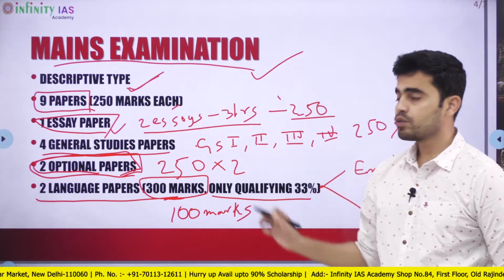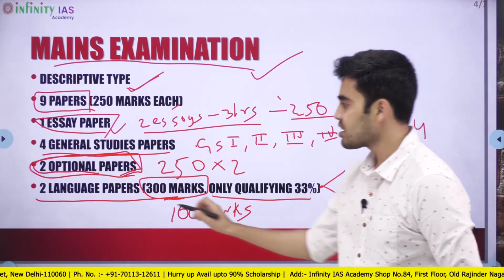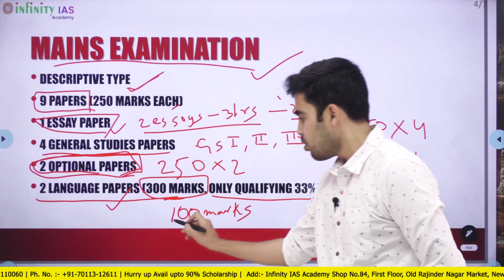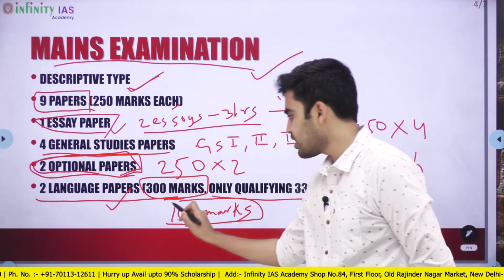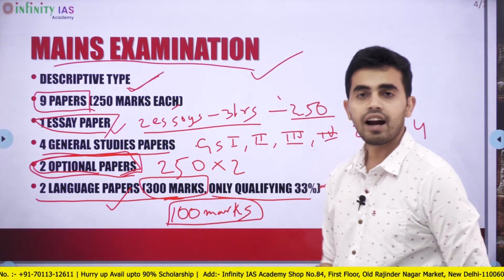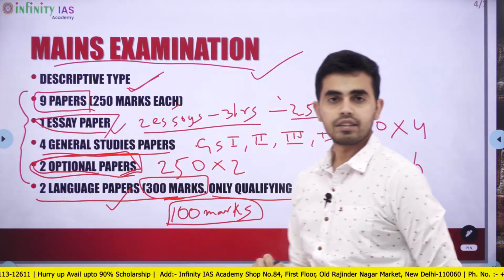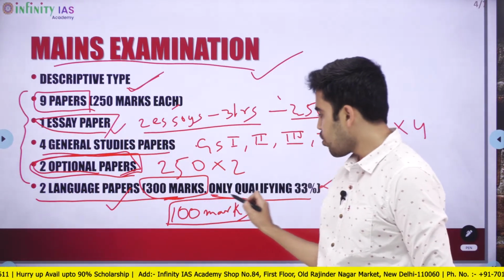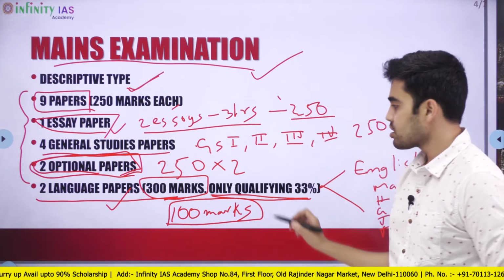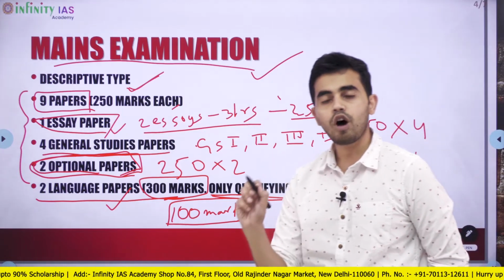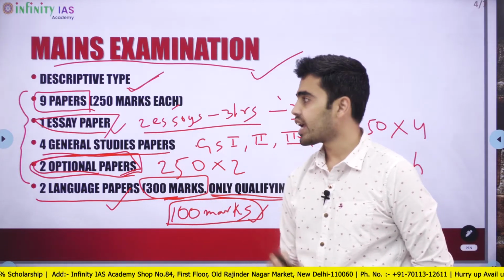For all the students that write the mains examination, their language papers are evaluated first, and only if they gain at least 100 marks out of the 300, the other papers are evaluated. And this is only qualifying because the score that the student obtains in the language papers is not counted for the final ranking.